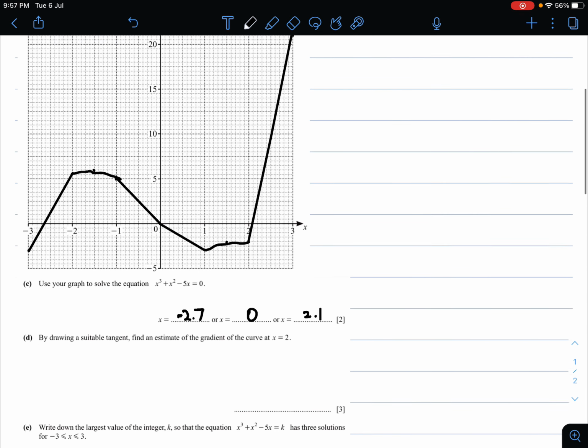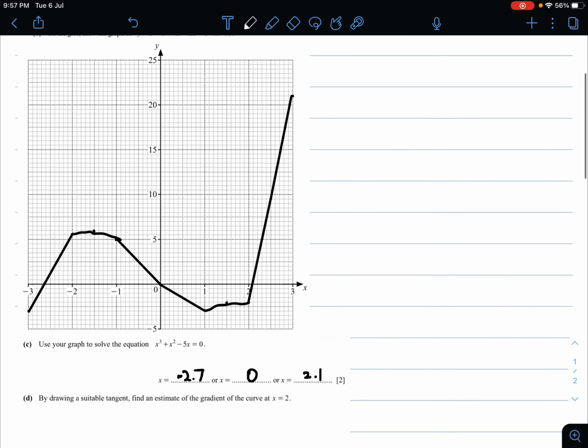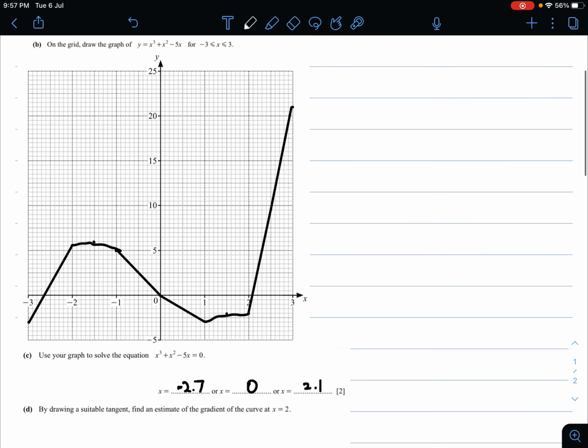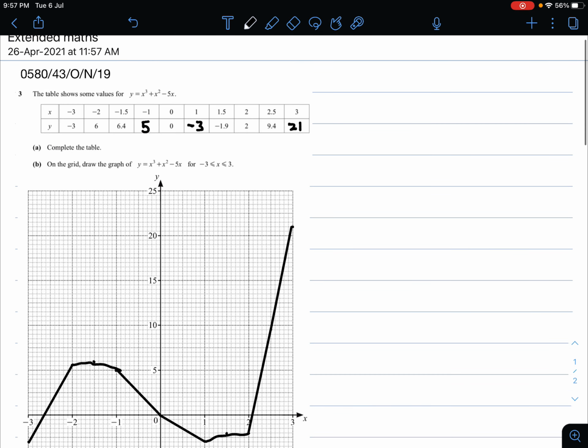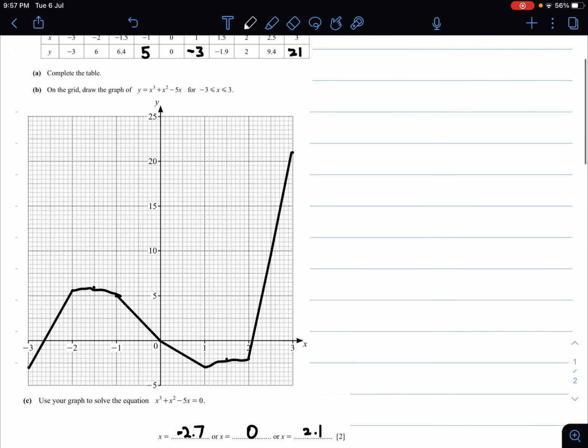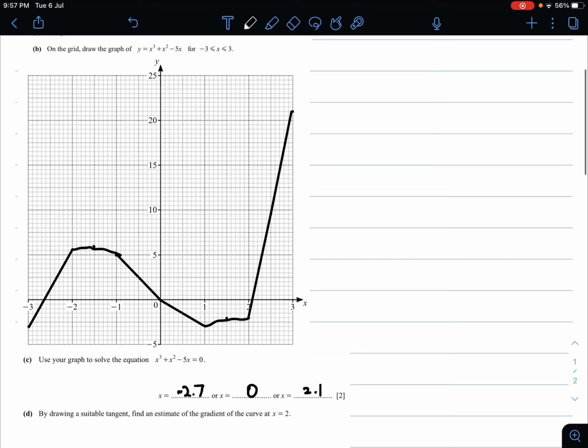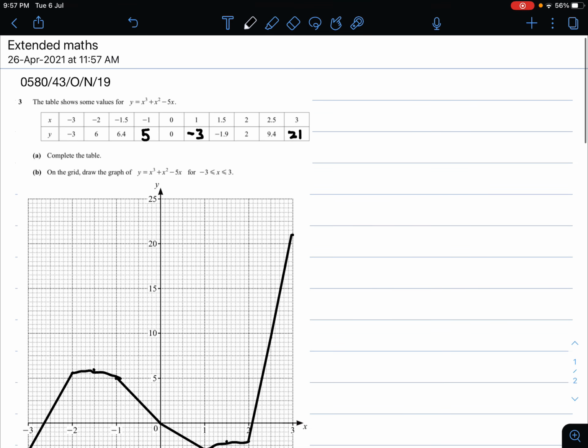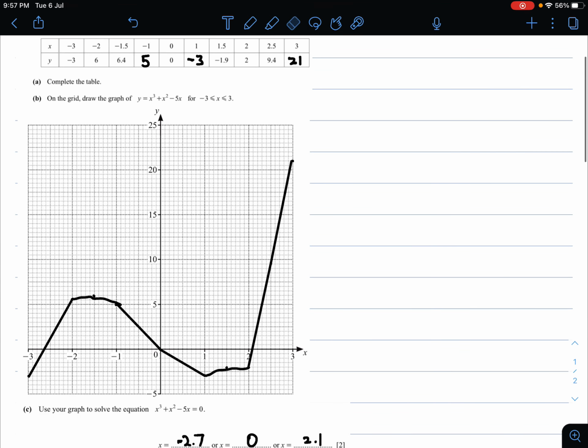Now draw a suitable tangent, find an estimate of the gradient of the curve at x equals 2. Okay, so 2 is up here, so the graph will go like this.